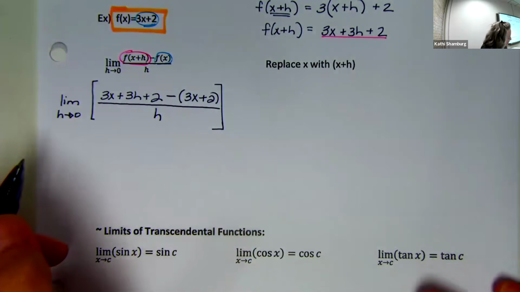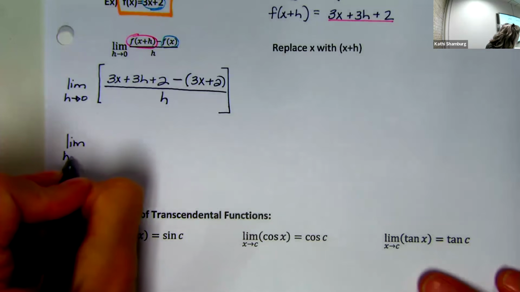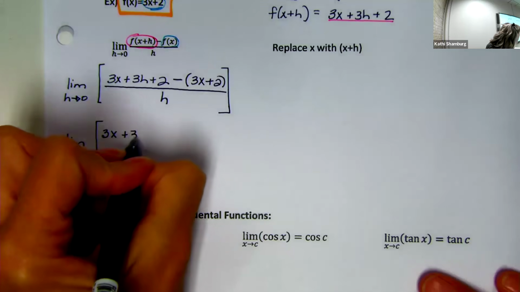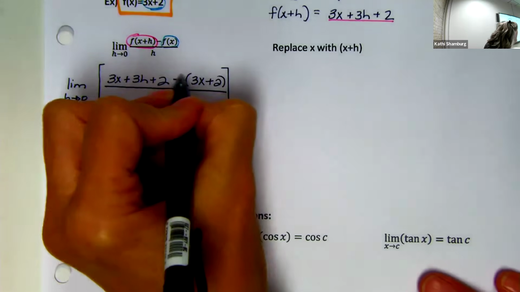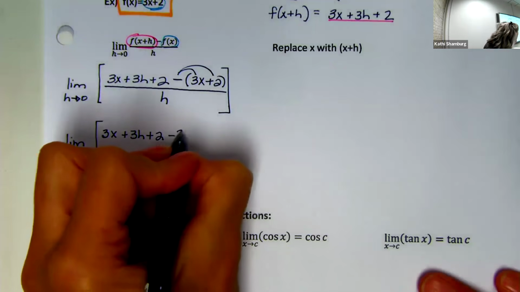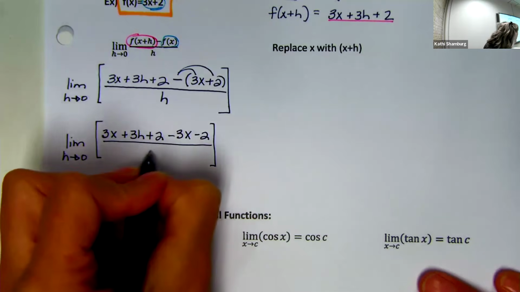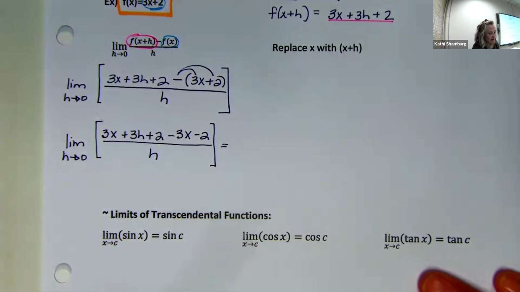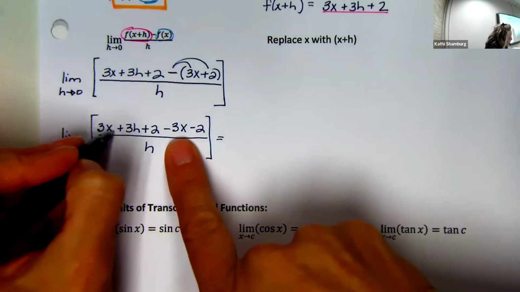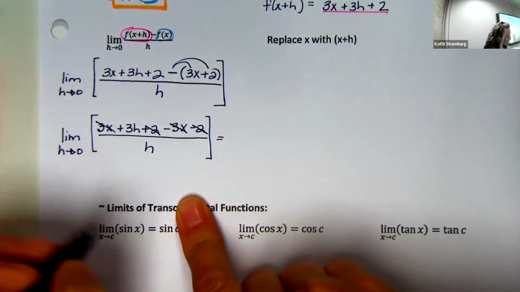All right, so let's simplify the numerator. I have 3x plus 3h plus 2. Now I'm going to distribute that negative through. So I have minus 3x minus 2. All of that is over h. Now, do you see how that was helpful? 3x minus 3x subtracts out. 2 minus 2 subtracts out.